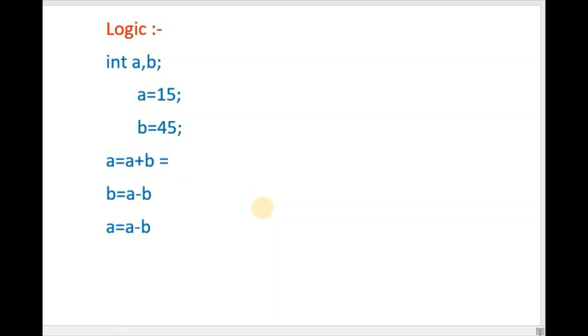That means now the a value is 15 plus 45, equal to 60, and now b is equal to a minus b, means a, now 60, minus b, 45. That means now b is equal to 15, and a is equal to a minus b. That means the value of a, now 60, minus b, which is 15. So a is equal to 60 minus 15, equal to 45.